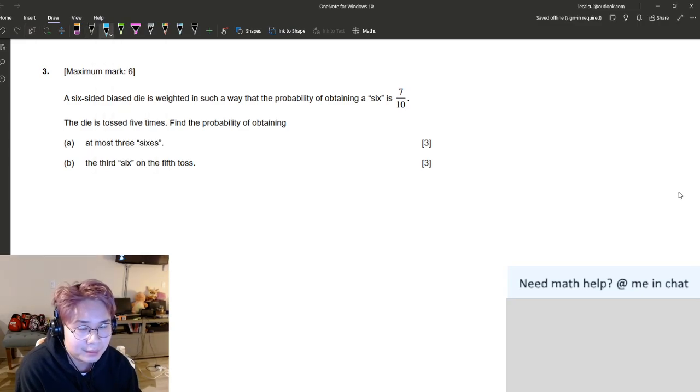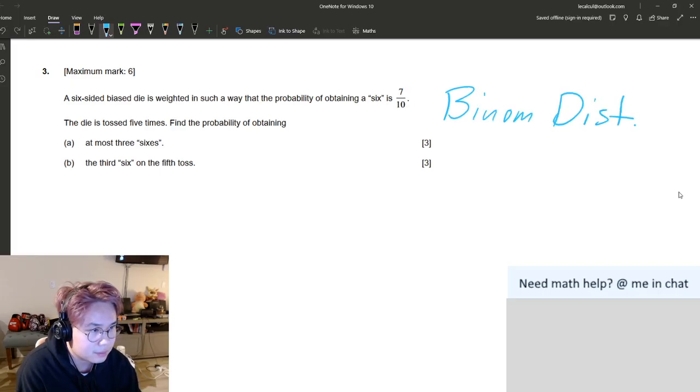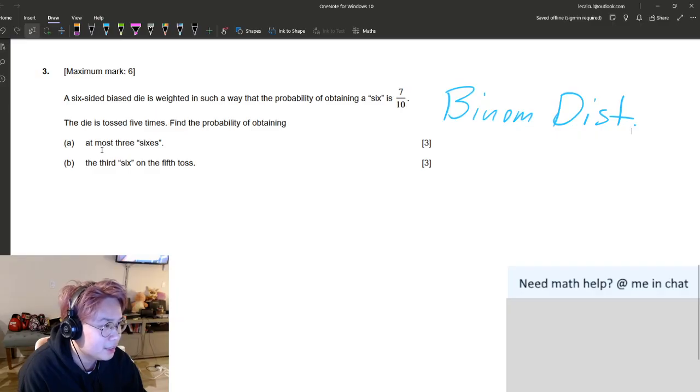Okay, so notice that basically this is a binomial distribution. We are counting the amount of sixes, so here's the probability of 1 six, and then we're doing this over multiple trials, and then we're interested in how many show up in that amount of trials. So in this case we have at most 3 sixes.